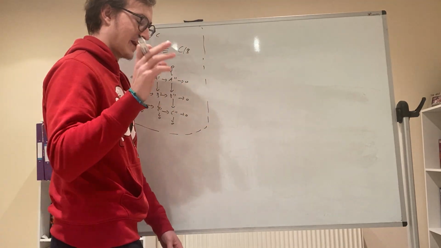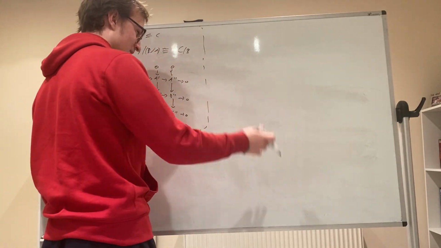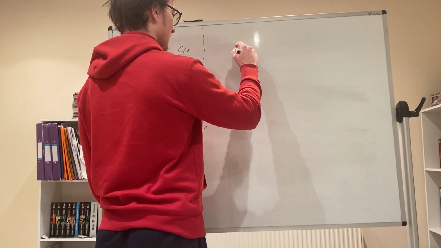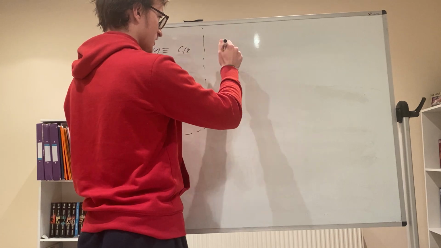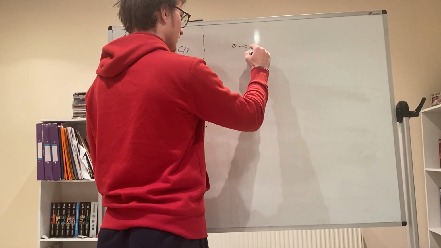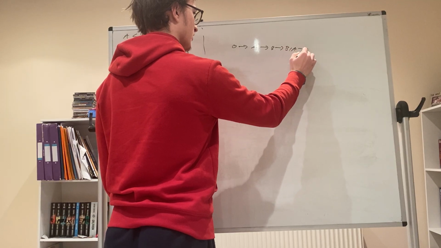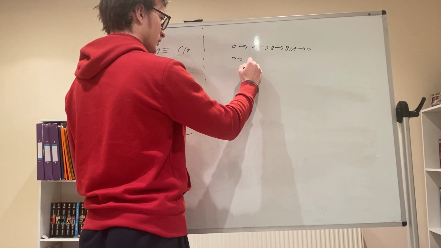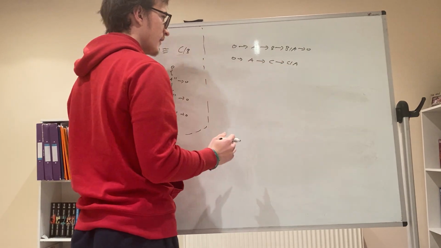So, since A is a normal subgroup of B, we have an exact sequence from 0, A, B, into B mod A, like so. We also have an exact sequence in the exact same way, like this.